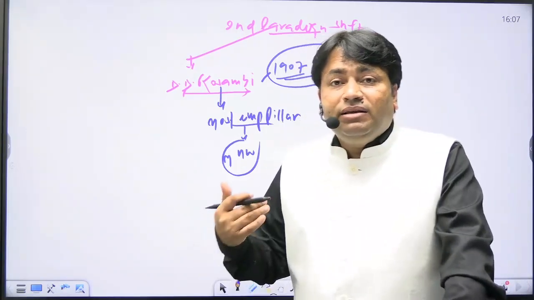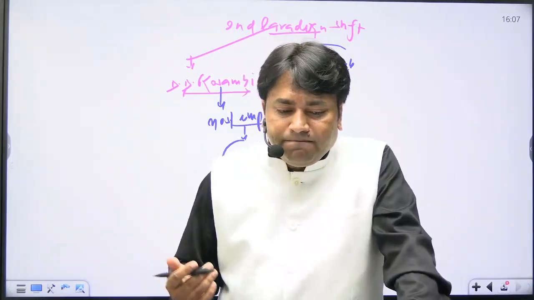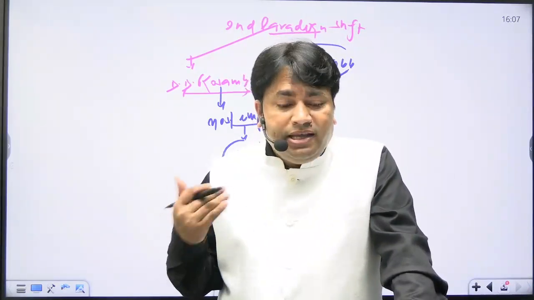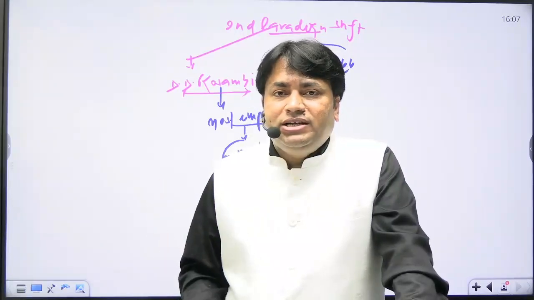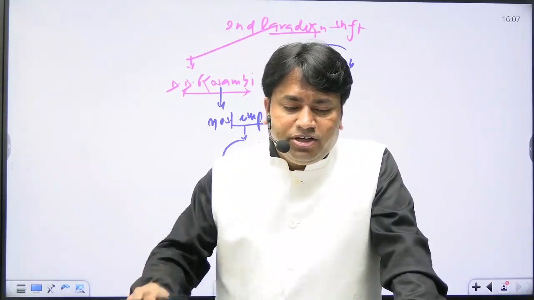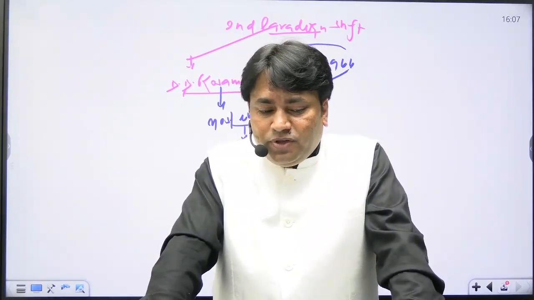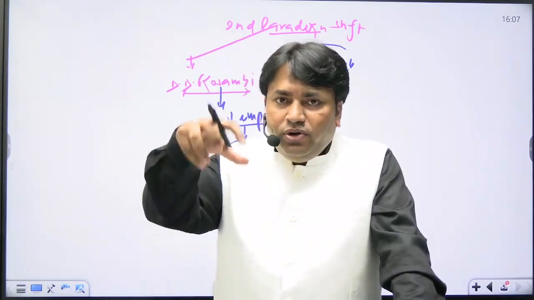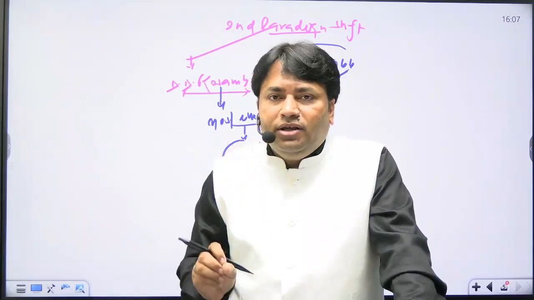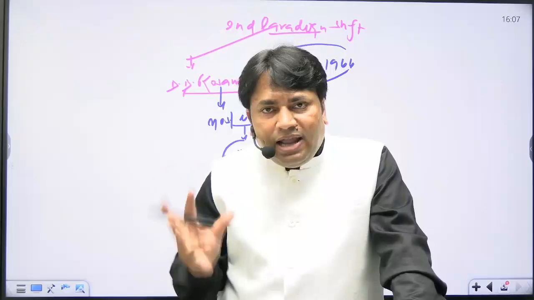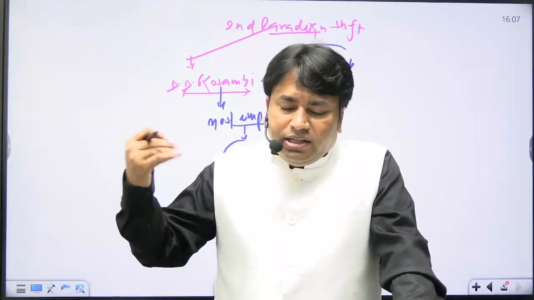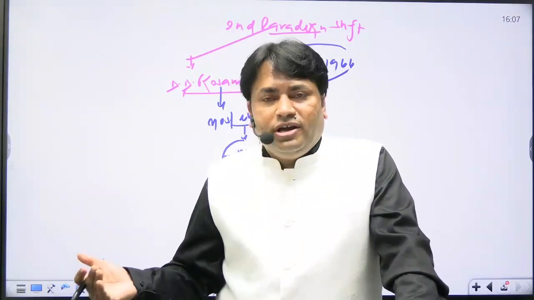He was a mathematician, and at the same time he was also interested in critical analysis and interpretation of history. So he introduced this scientific interpretation or critical analysis, this method, in the field of Indian historiography, right?